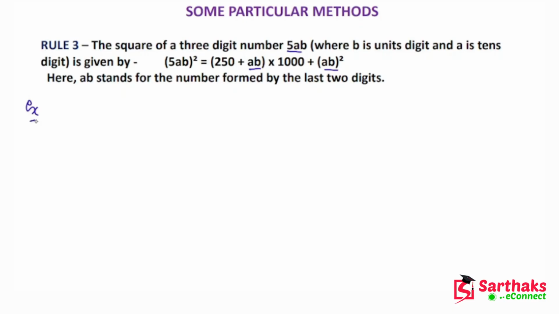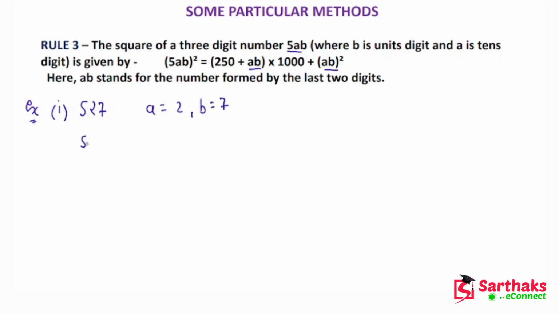Let us take an example and see the applicability of this method. Let us take 527 for instance, because the number has to start with 5. So A is equal to 2 and B is equal to 7.